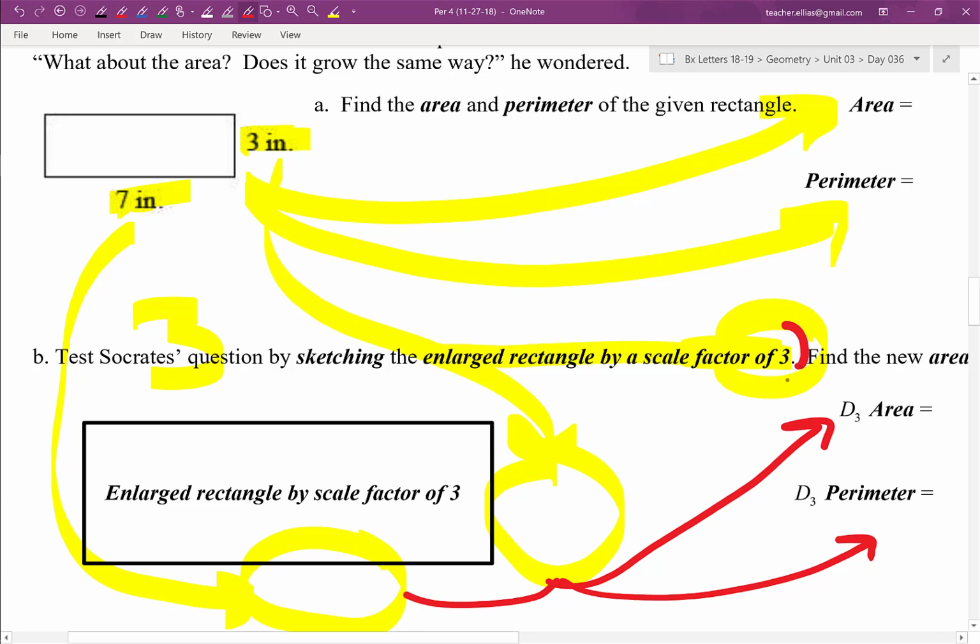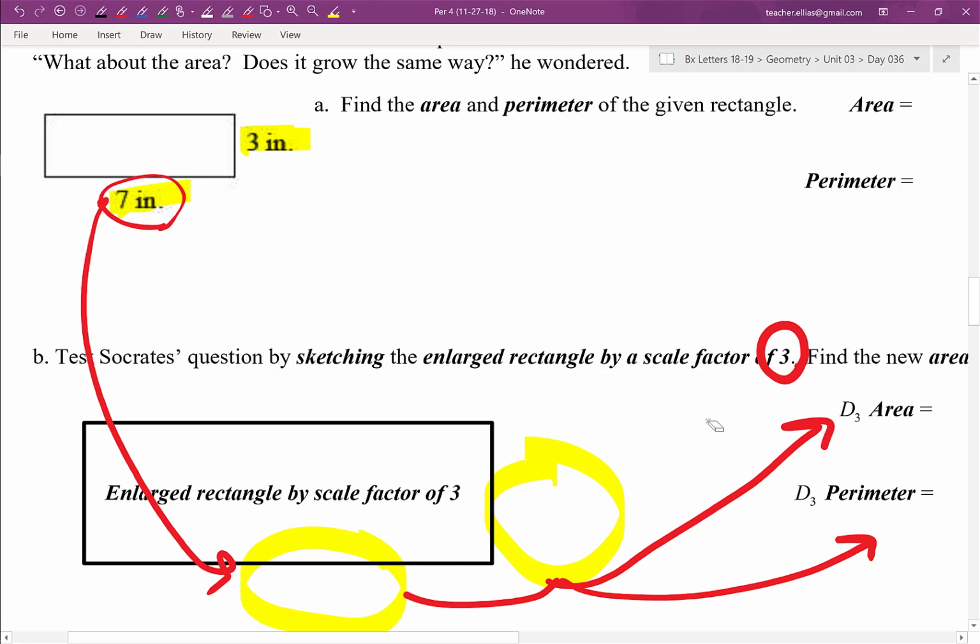If your scale factor is 3, your original is 7, what's the new side going to be? A dilation is going to take the original and multiply it by that scale factor. So 7 times 3 is going to tell you the new thing. What would it be? Perfect.